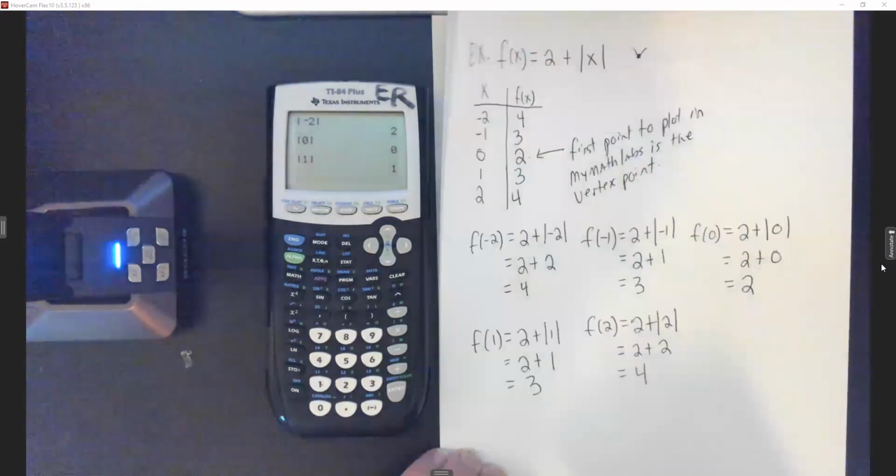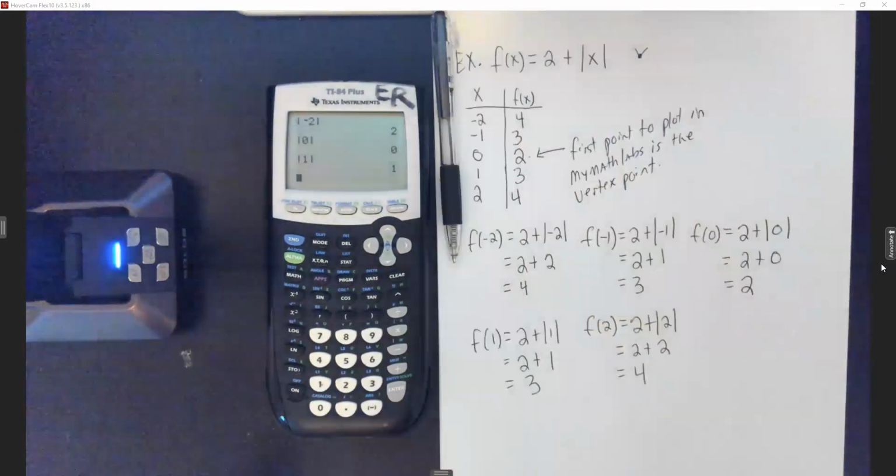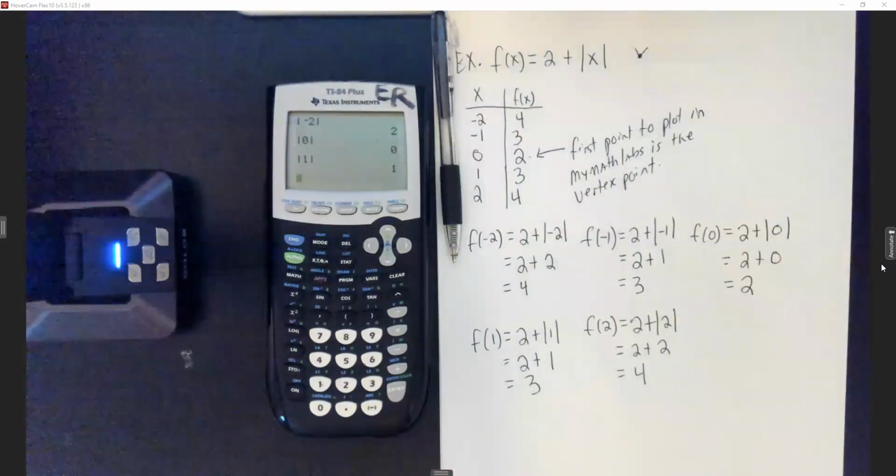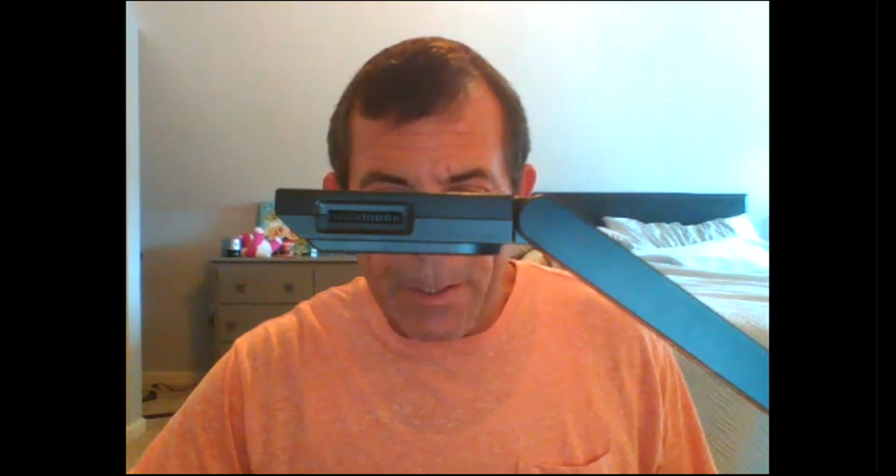All right, I'm going to turn my paper over. I'm getting a little curvy. So what I'm going to do is stop sharing for a second, pause this, and go back to my screen.